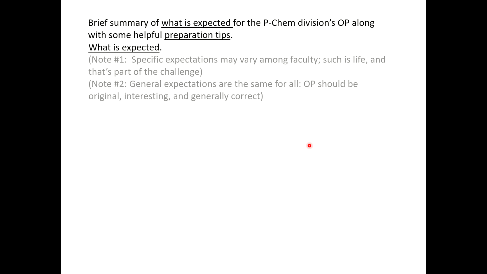Okay, note number 2. Specific expectations may vary, but the general expectations are the same for all. The OP in physical chemistry should be original, interesting, and generally correct.